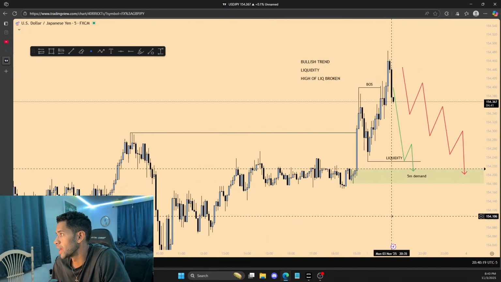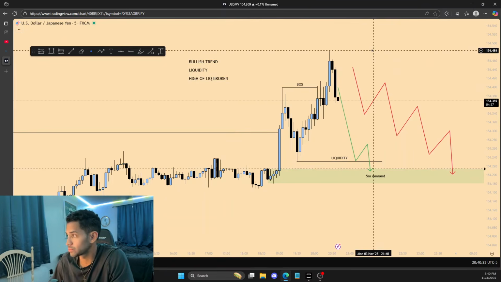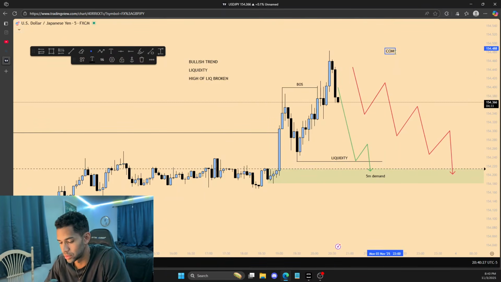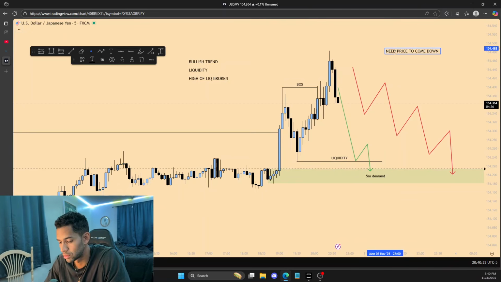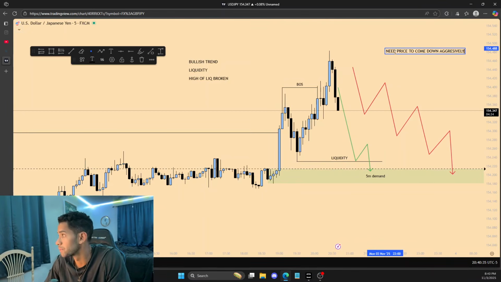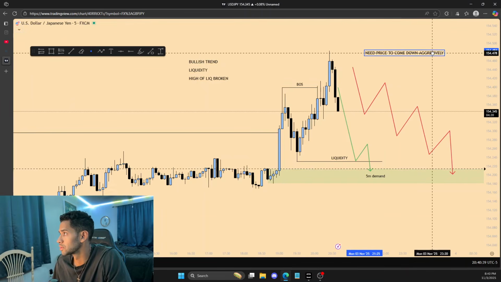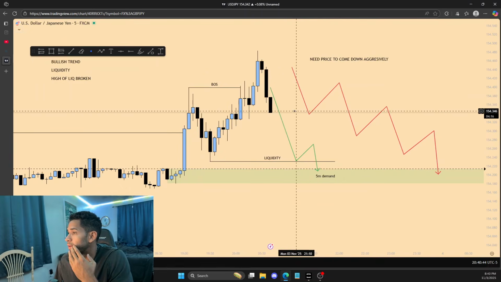And then we just need price to come down aggressively to our zone. I don't know if that's how you spell aggressively. It don't look right, but so that's what that is. So yeah, so we'll see.